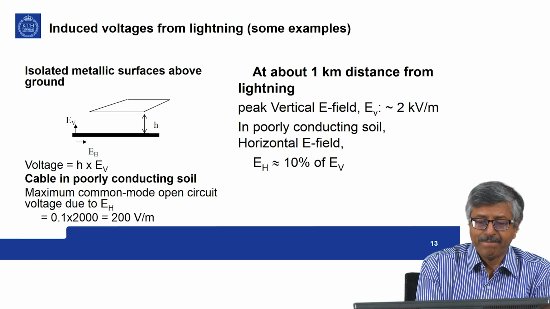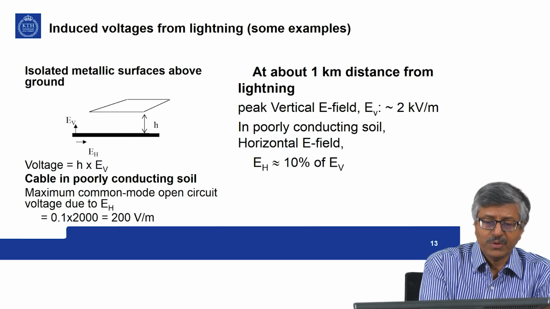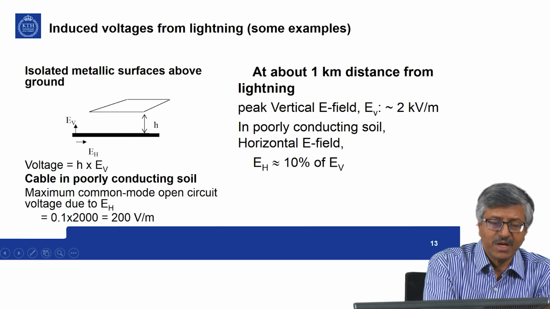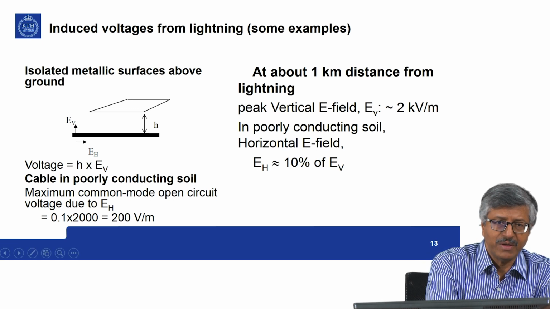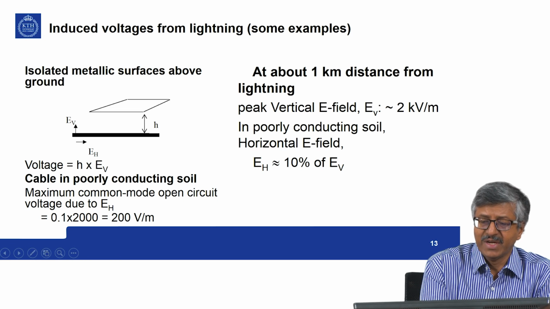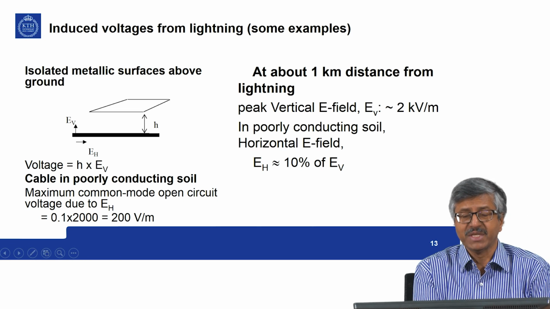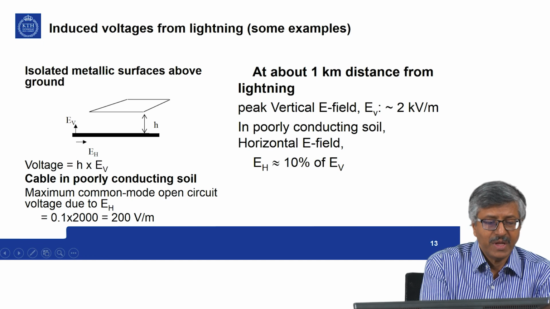Now, if it is a perfectly conducting plane, there is only vertical field, but due to the poor conductivity of the soil, there will be a horizontal component for the field also, and that field is approximately 10% of the vertical field.